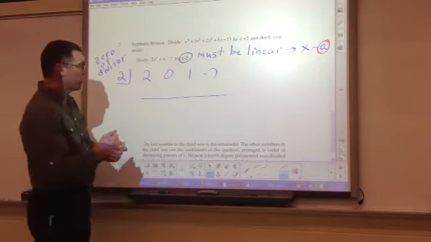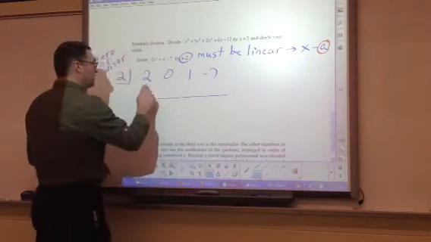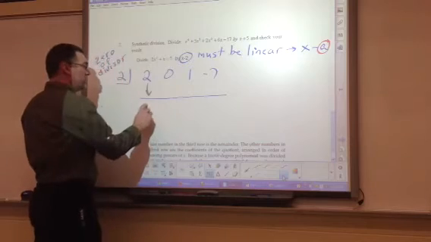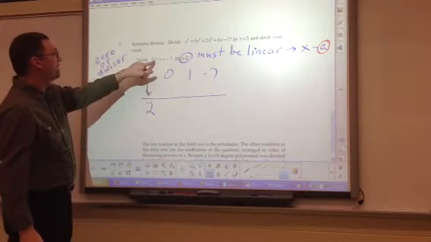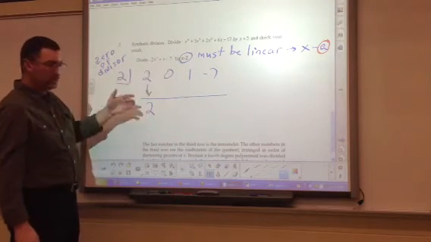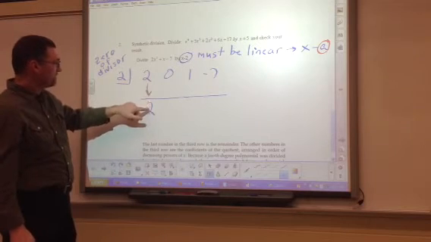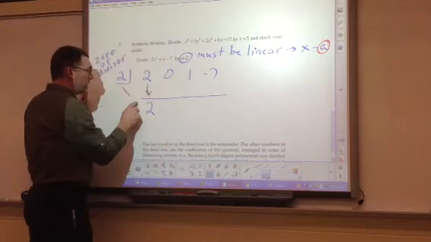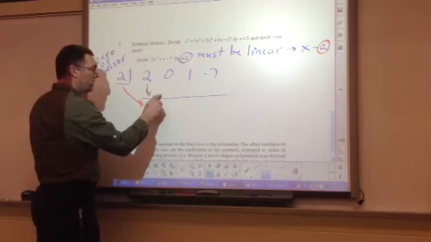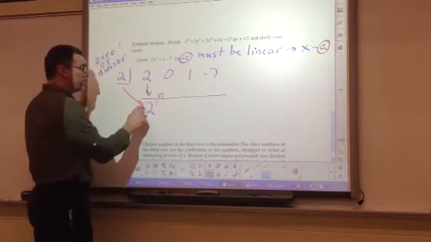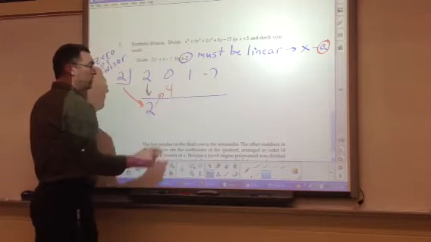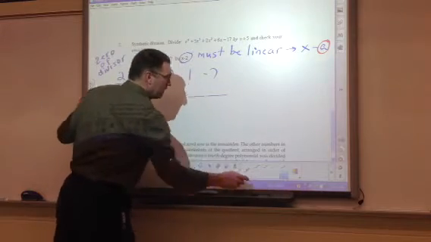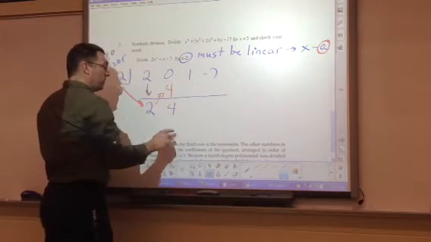Now, what we're going to do is bring down the first term. This is always going to be the case, because 2x cubed divided by x is 2x squared. So we bring down this number. Then we multiply these two numbers together and put it up here in this next spot. So 2 times 2 is 4. Then you add these. So 0 plus 4 is 4.